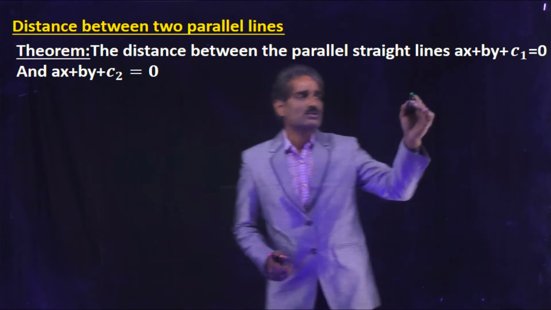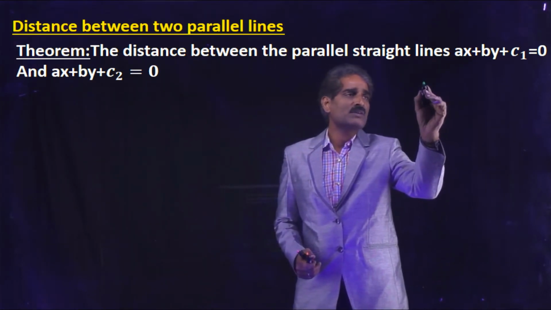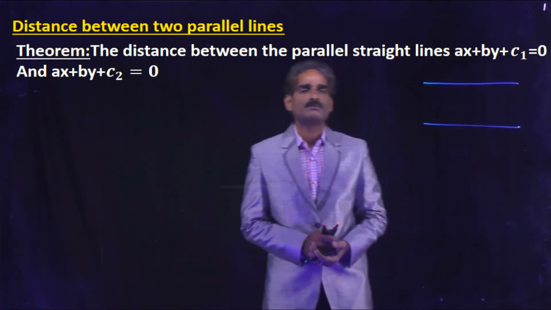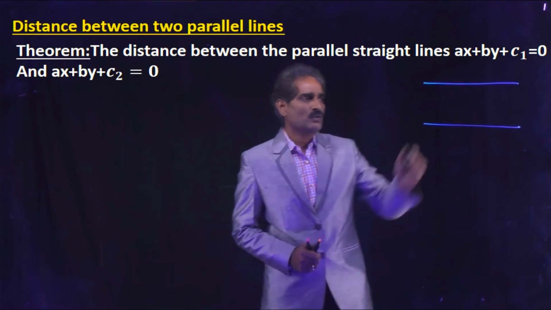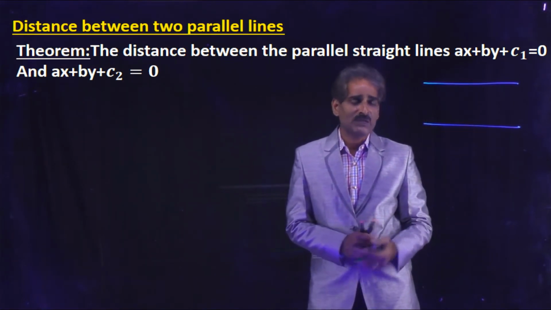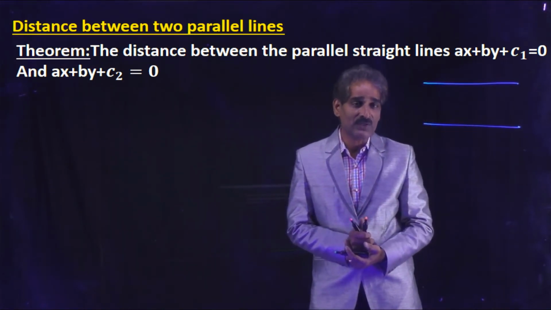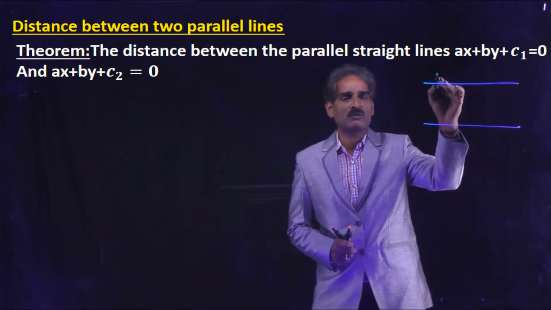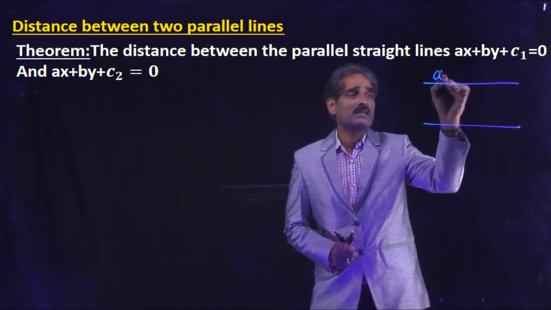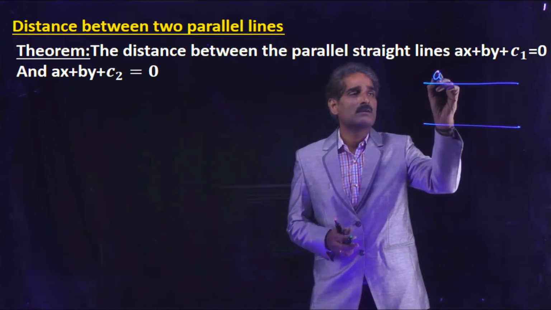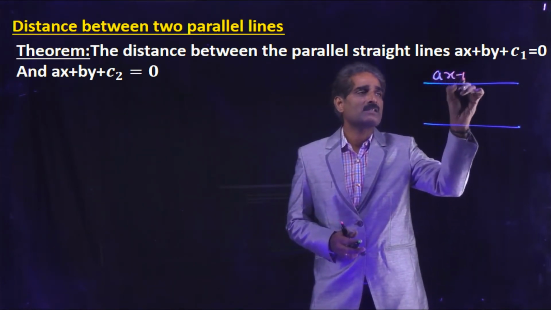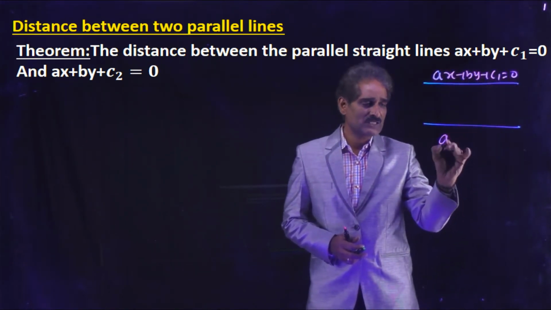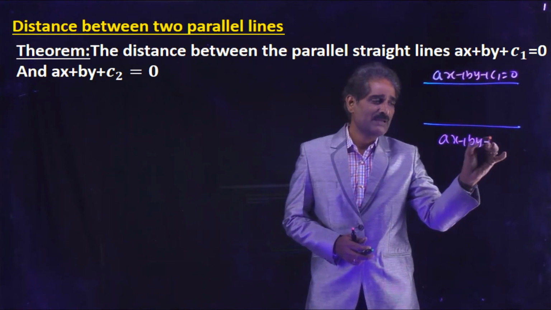So suppose these are the positions of the two lines. We have to find out the distance between them. But we know the distance formula for the distance from a point to a line. But here the two lines are, first one is ax plus by plus c1 equal 0 and the second one is ax plus by plus c2 equal 0.